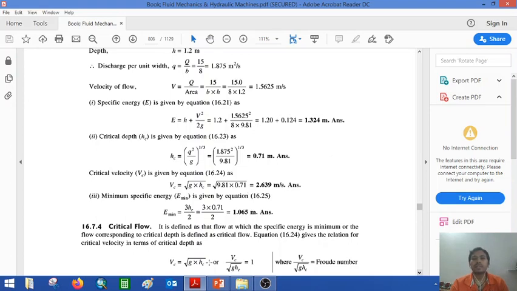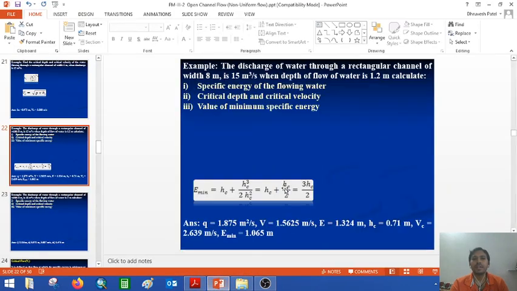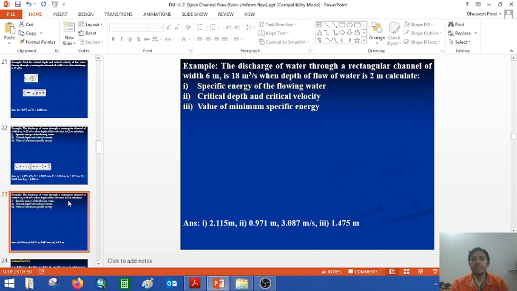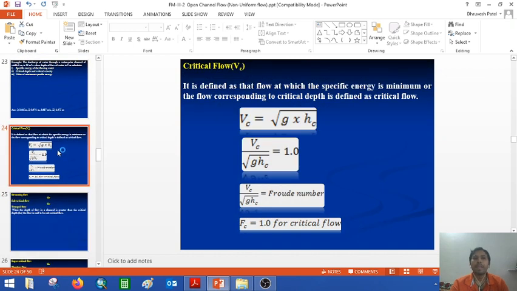I say it just for practice, to understand the equations and derive the basic values for specific energy. But in real life, we find those values to identify the structure's strength, that is, how the structure will withstand the different types of forces produced by the velocity, whether maximum, minimum, critical, supercritical, or subcritical.